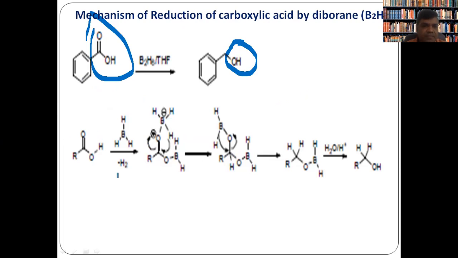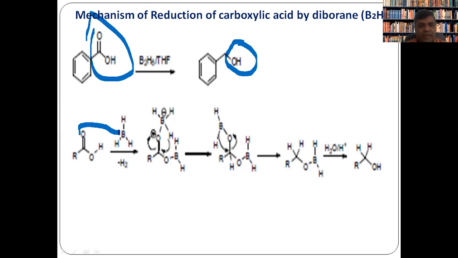Okay, in the first step, this oxygen having the lone pair of electrons donates its lone pair to the boron, and a bond is formed between this oxygen and boron. What is the nature of the bond? It is a coordinate bond.